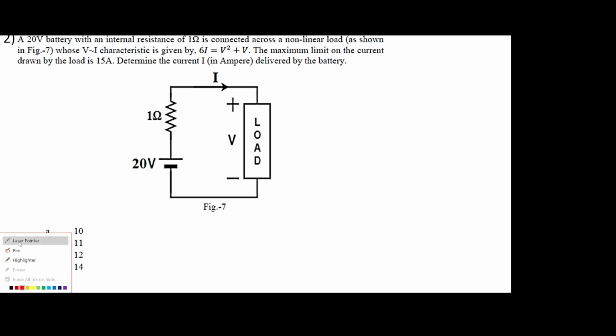So the next problem: you have been given a circuit where a battery is connected across a series resistance, and it is connected across a load with voltage V. The voltage across the load is V, and the load is a non-linear load. It not only consists of resistance but might have inductance or capacitance or other non-linear elements.